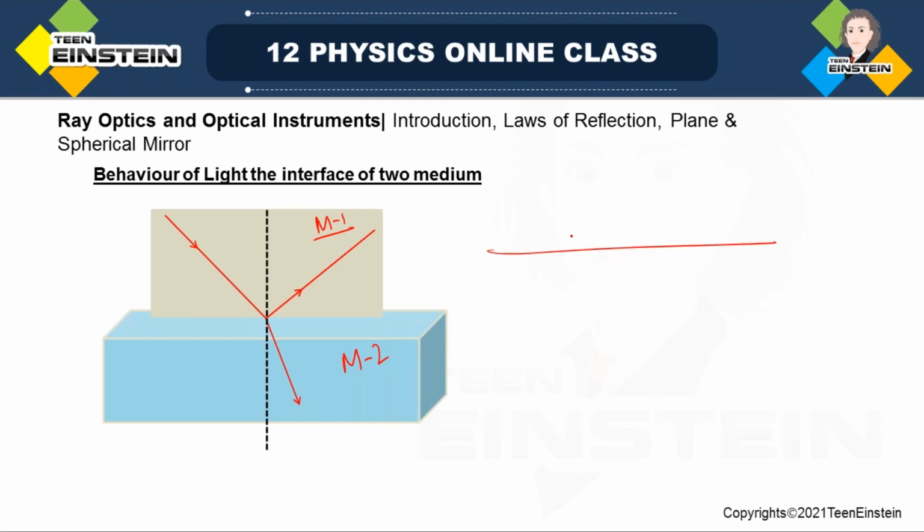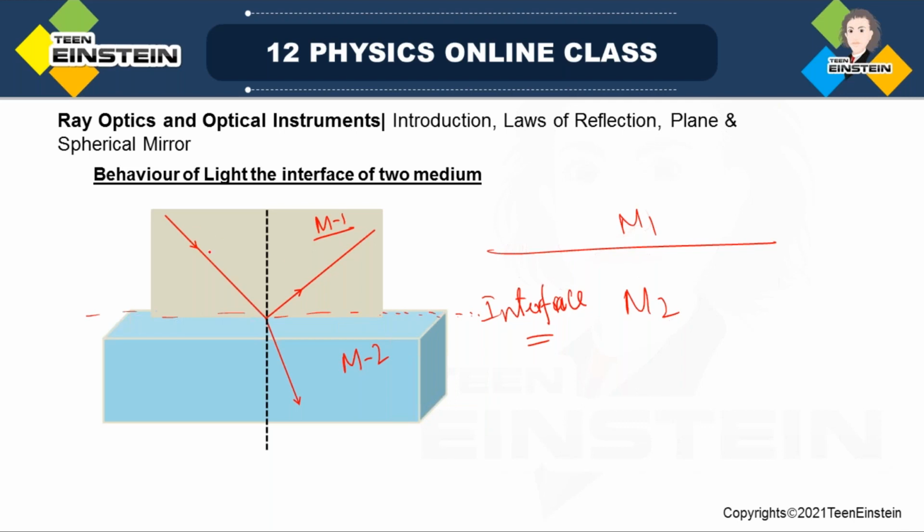So the line which is in the middle of these two media, medium 1 and medium 2, this line is called the interface. So you can say this is the interface of the two media.